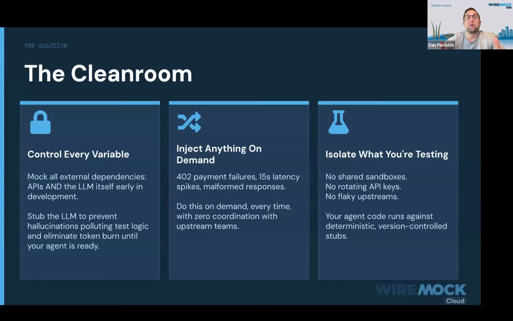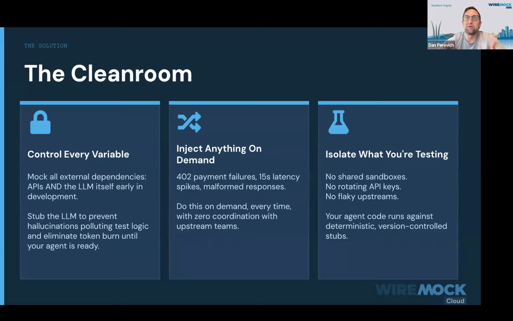So the answer to this is this clean room analogy, where we can control every variable possible in our testing environment and really focus in on our agent's core capabilities, handling all of those edge cases so that we can intuitively direct the LLM what to do with these various different types of failure and edge cases.